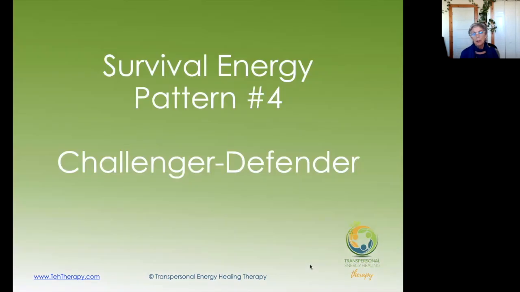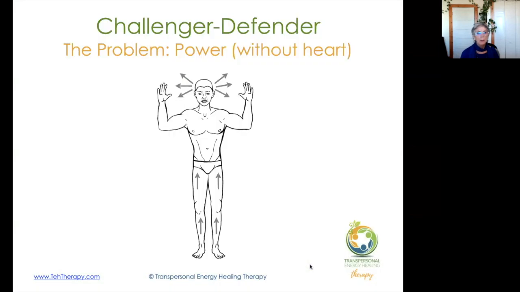So we're now at the challenger defender. The challenger defender is the person who runs their energy up, who gets surged with energy that's so strong and so powerful, they can't contain it and they just discharge it out at you or anybody.